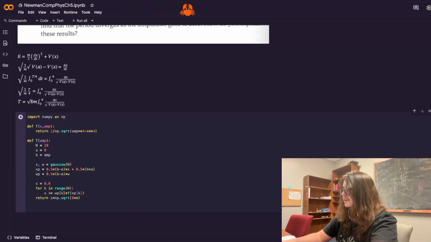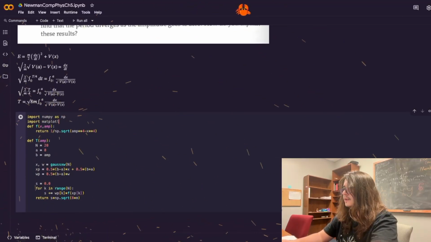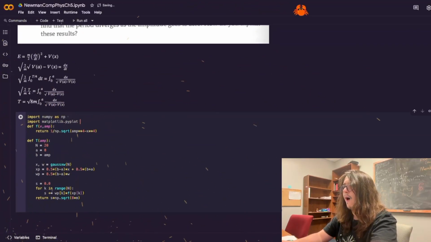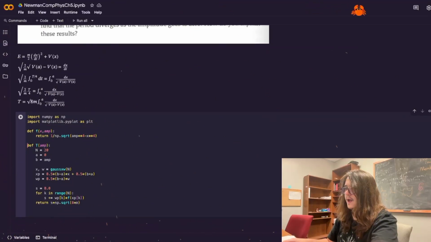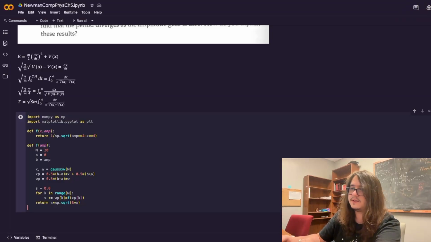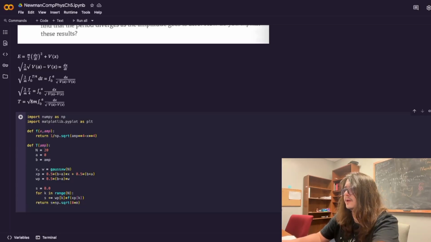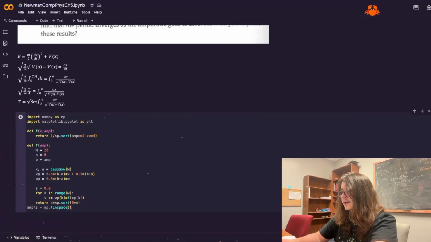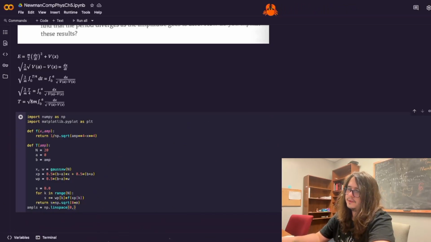We'll just go ahead and import matplotlib.pyplot as plt, and then again, this infrastructure for the integral is not array safe, so we're going to have to create an array of amplitudes for it to run over, which is going to be linspace, and it's going to run from 0 to, actually let's not have it run from 0, let's have it run from 0.001, and I'll explain in a minute why.